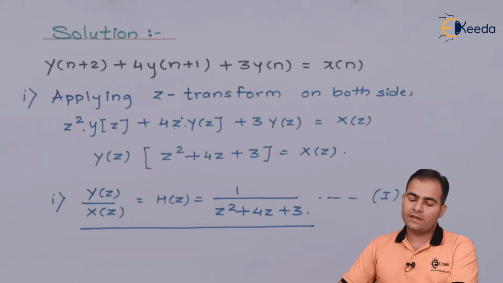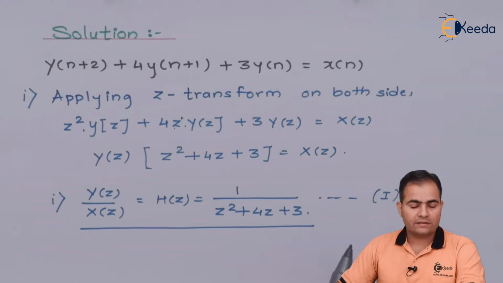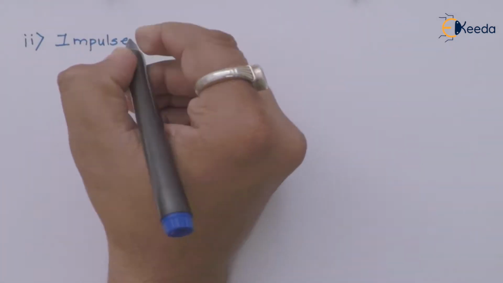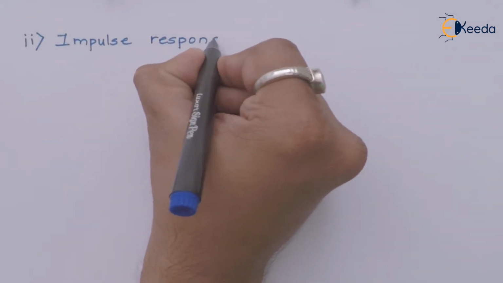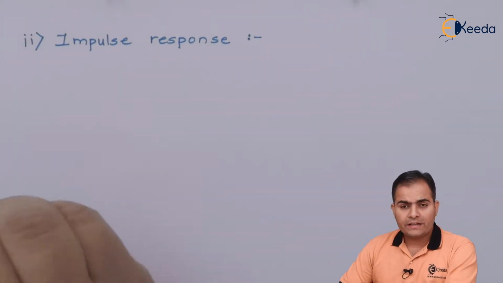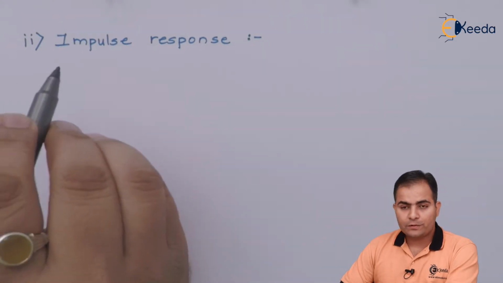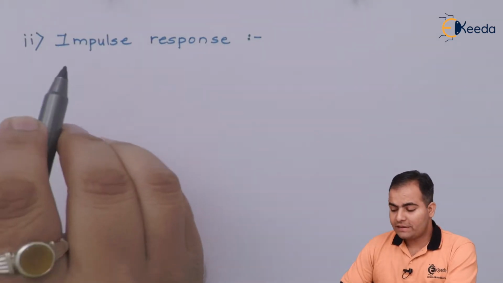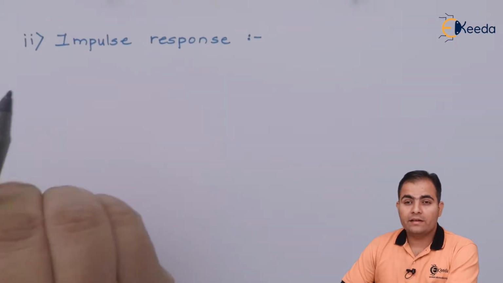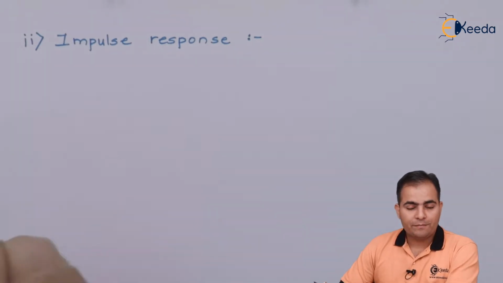So the second part is the impulse response, so we'll go for the second part. How to get the impulse response? The output response can be considered as the impulse response if and only if you apply the input as an impulse function.